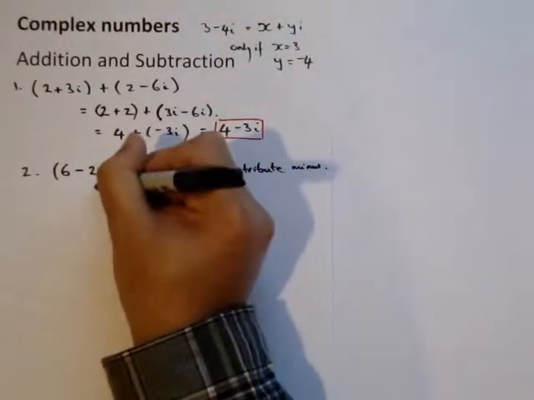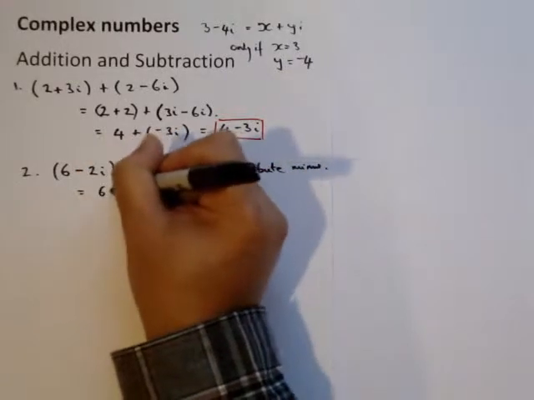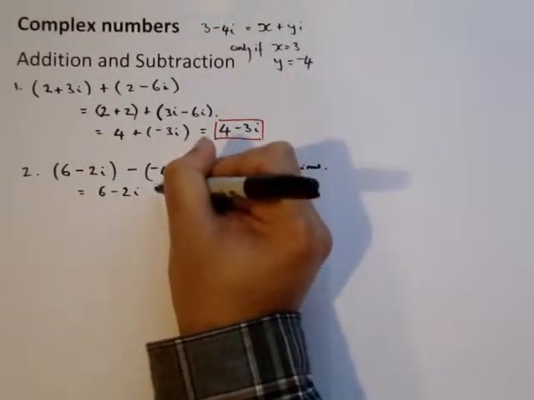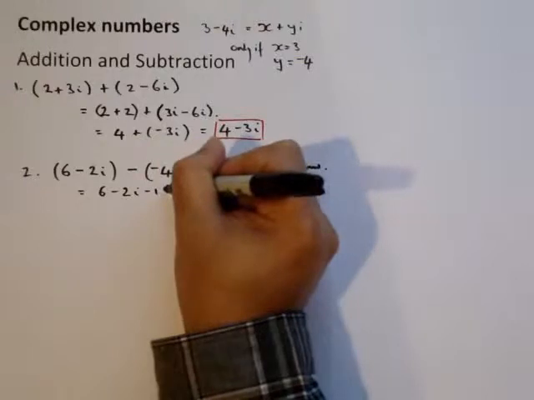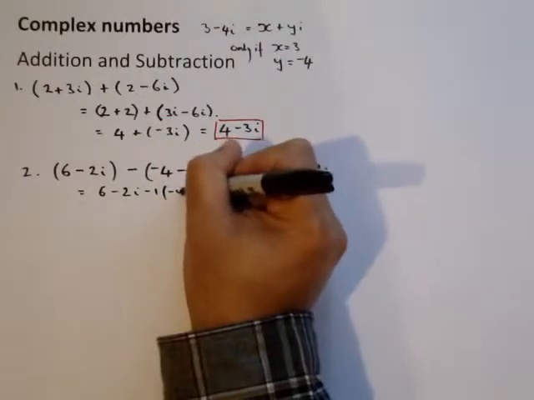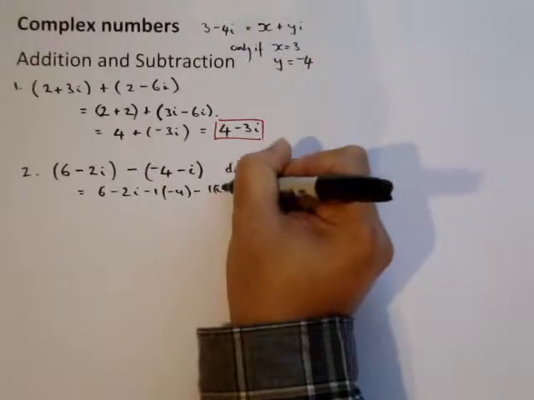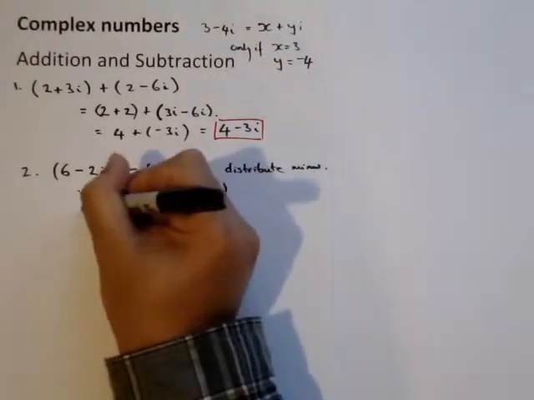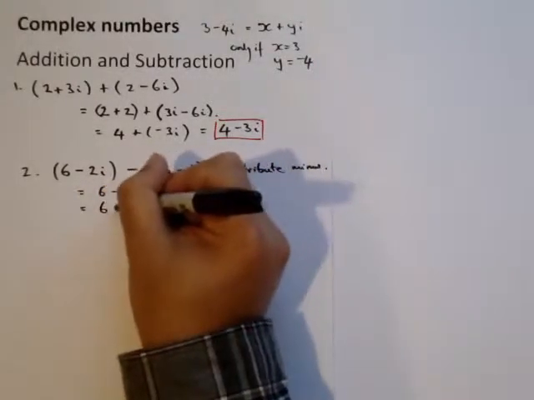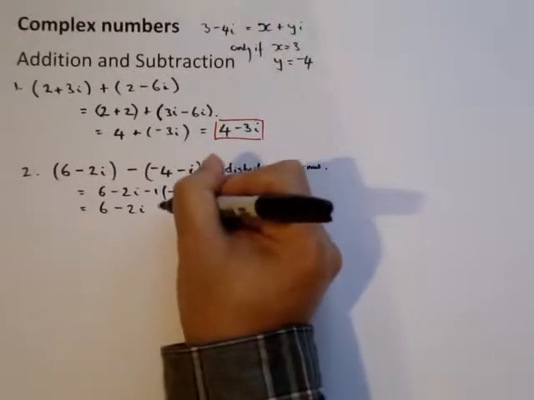And we get 6 minus 2i minus 1 minus 4 minus 1i. So that's 6 minus 2i.